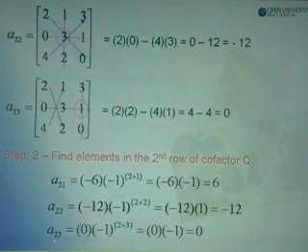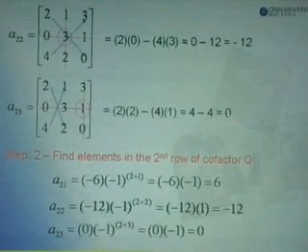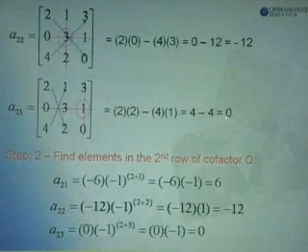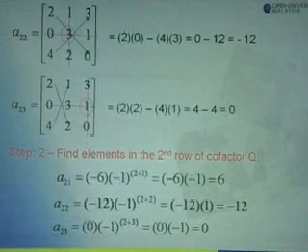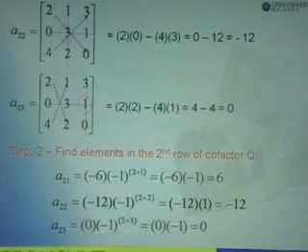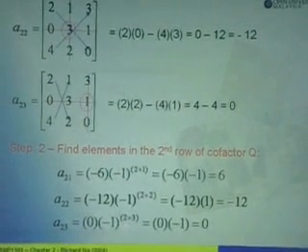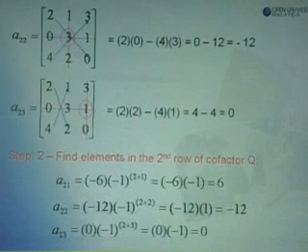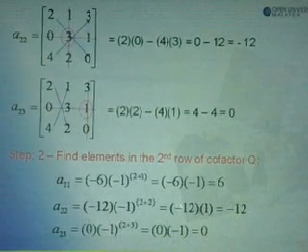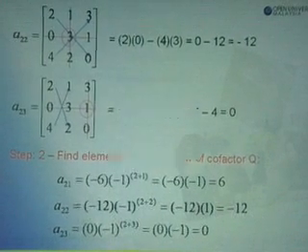And finally, for the third element, 2, 3, we take the third element of the minor, which is 0. So 0 times negative 1 to the power of 2 plus 3. 2 plus 3 is an odd number, so with an odd power, the negative will remain. So negative 1 times 0 equals 0.